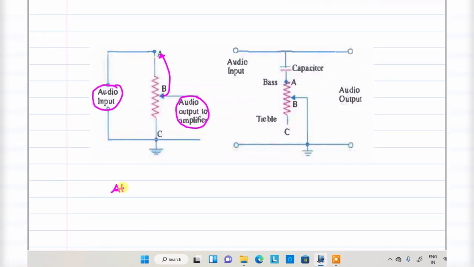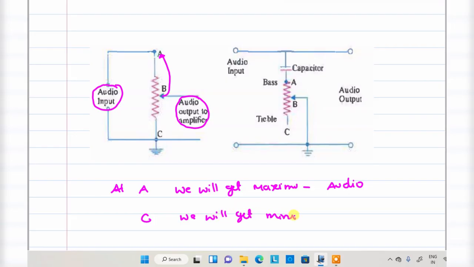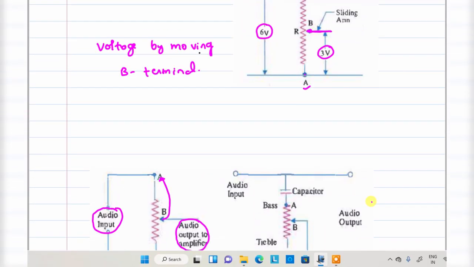Next, if that point is moved towards C, you will get minimum audio. Okay, so all of you following?